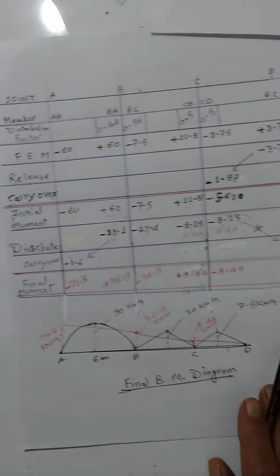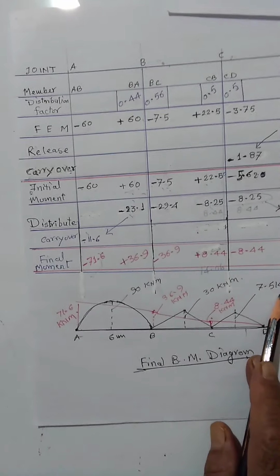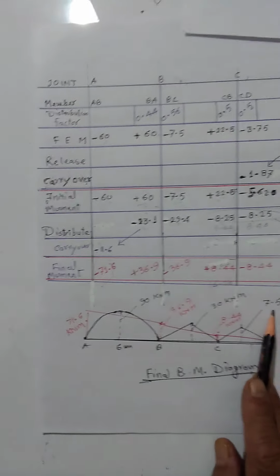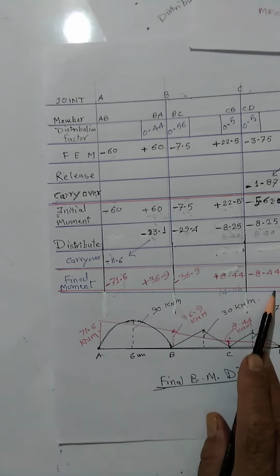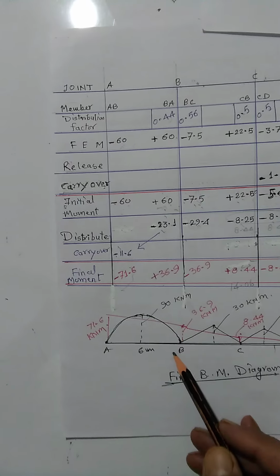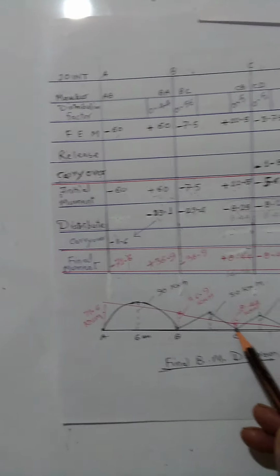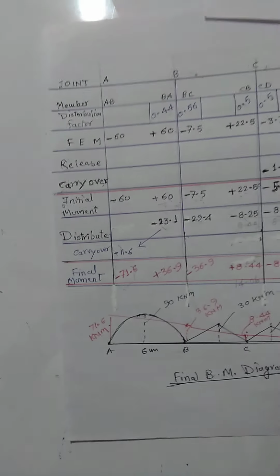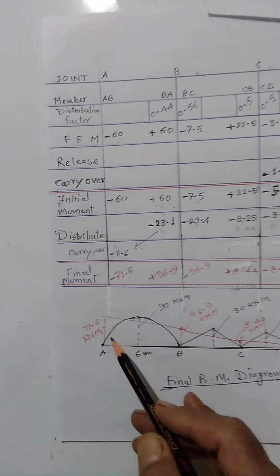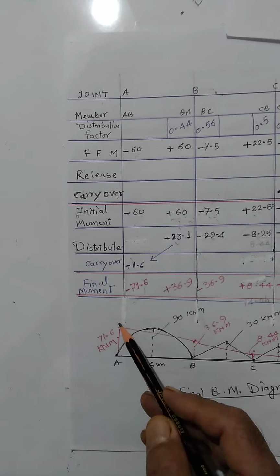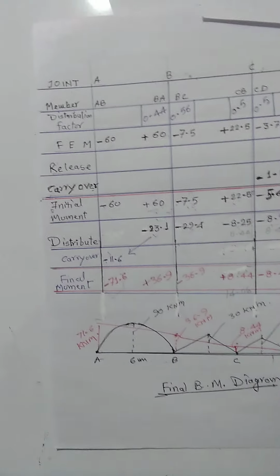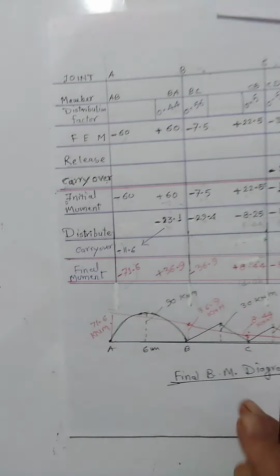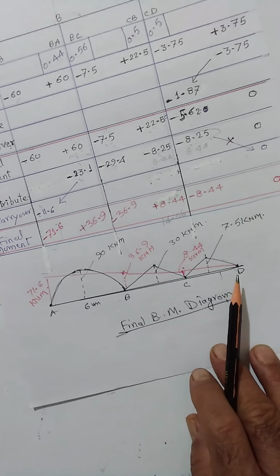That's all. Once we find this negative bending moment, which is already shown in red, then this is wl square by 12, wab by L. Draw the sagging bending moment diagram. Superimpose over it the negative, hogging bending moment diagram, and this diagram you are already aware of from the three-moment theorem.